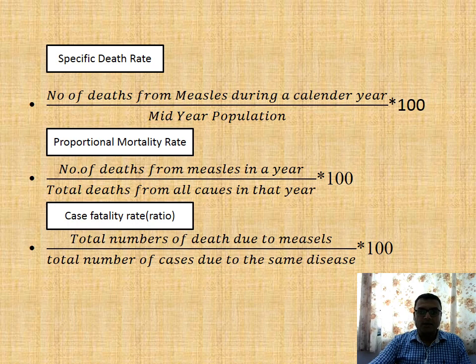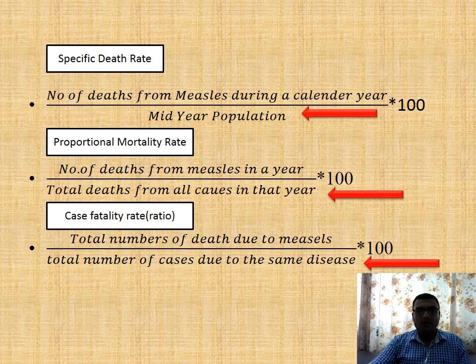And for the case fatality rate, we have to take the total number of cases due to the same disease. So this is the difference in the denominator. For the specific death rate, the mid-year population. For the proportional mortality, the total deaths from all causes. And for the case fatality, the total cases of that particular disease.